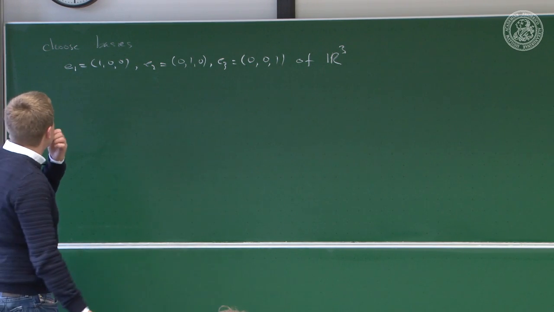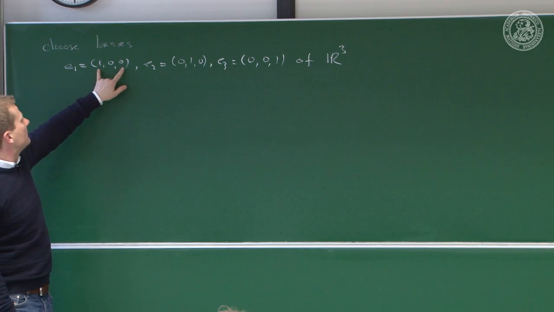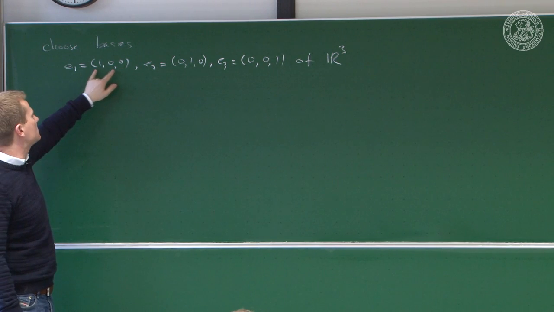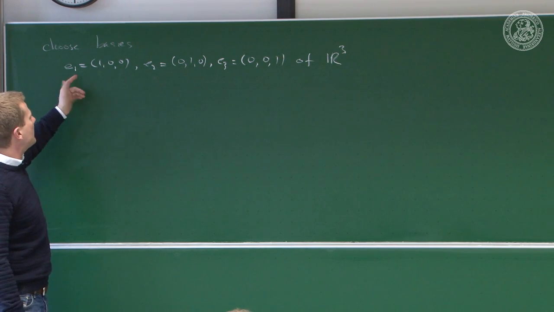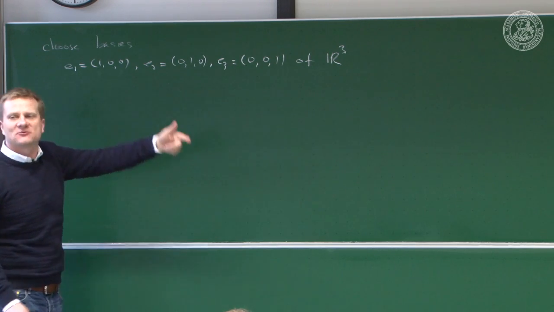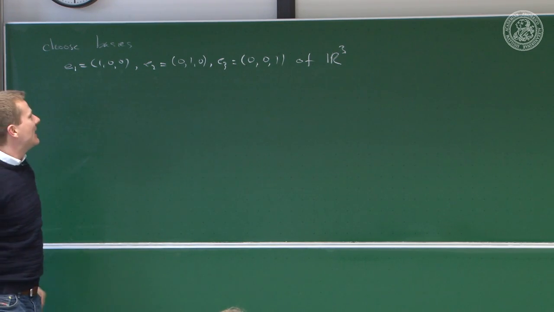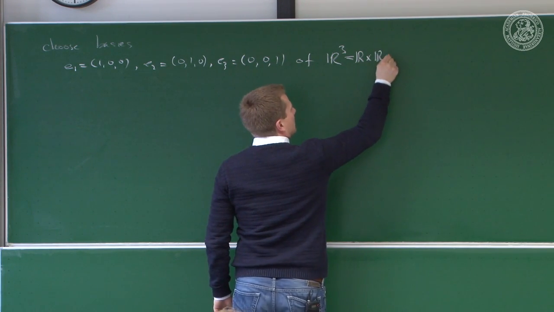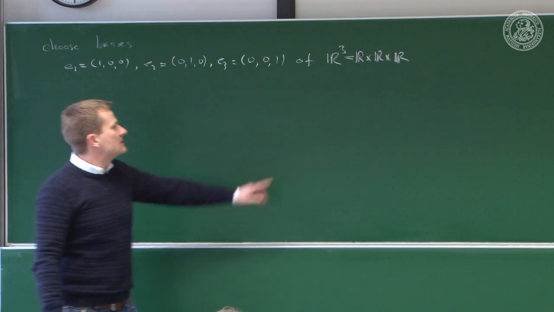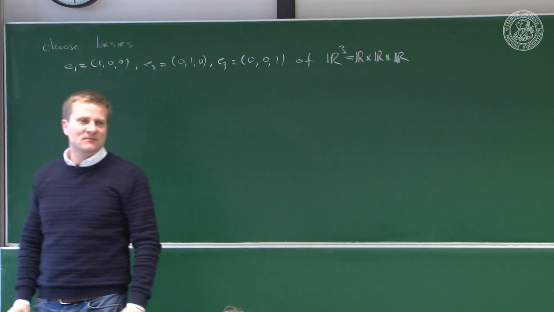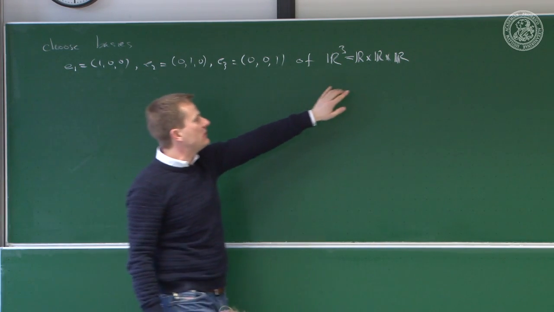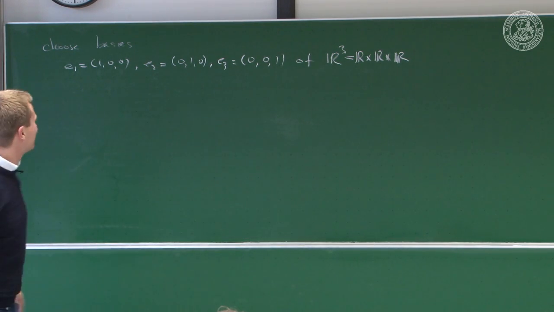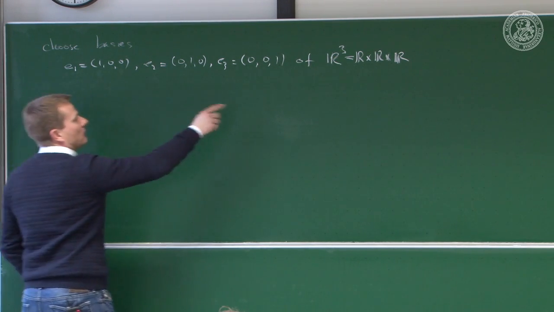So sometimes people are confused because they say, hang on, you provide a vector in terms of its components, but isn't the whole point of a basis to introduce a basis per se without already using components with respect to another basis? You know what I mean? But it's not like that. R3 is R cross R cross R. Agreed? So this is the space of 3 tuples. So this is an honest element of here without having chosen a basis. Okay? So good. Okay. So choose basis of R3.